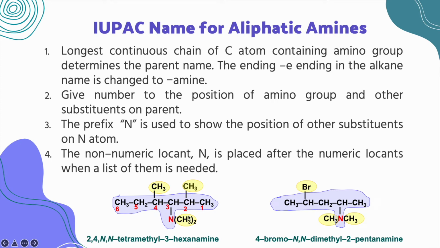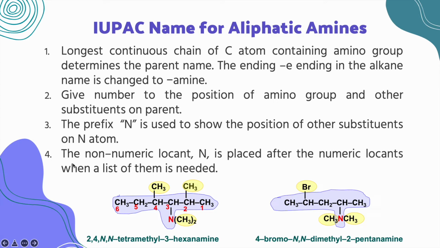The total methyls in this compound is 1, 2, 3, 4, so tetramethyl. The positions of the methyls are carbon 2, carbon 4, N and N.